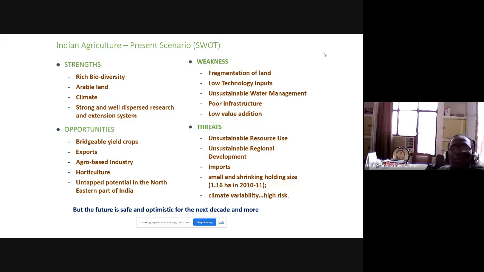Then small and shrinking holding size, which I have already told you. Earlier it was 2 point something hectares, but recently it is 0.32 hectares, as the 2021 statistics reveal. Then climate variability is at high risk. These are the basic situations of Indian agriculture over a period of time.